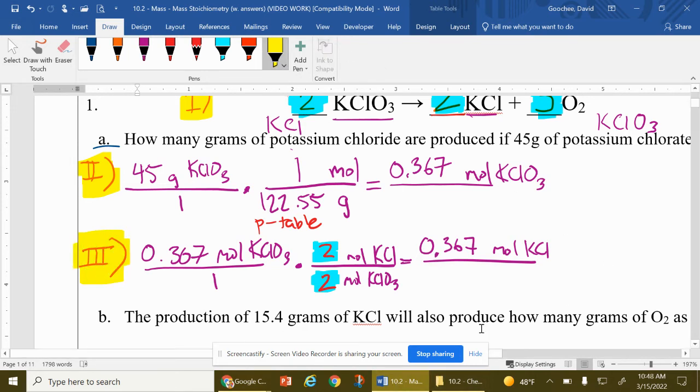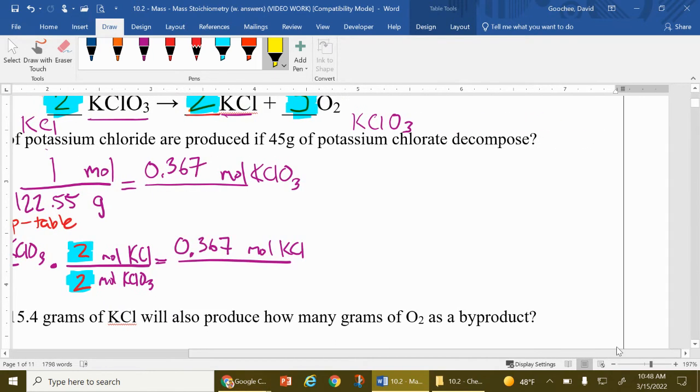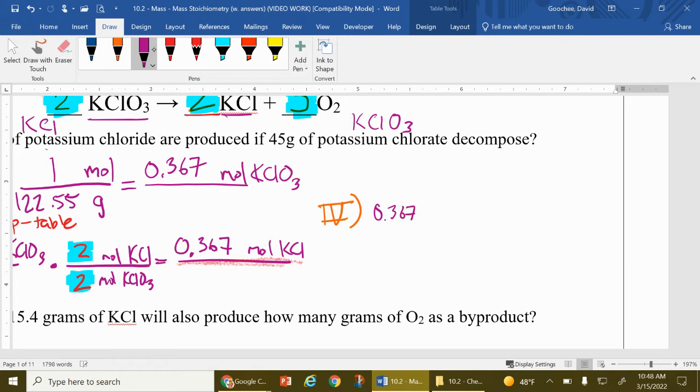Okay. Now the last step is we have to convert this final amount of moles right here into grams. And so we'll do that. We got to go from moles into grams. So here we go. Step 4. We have got 0.367 moles of KCl.